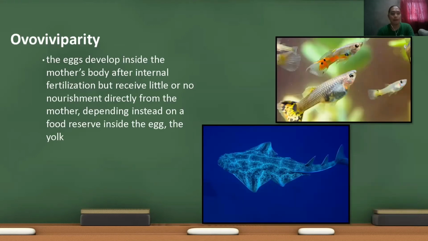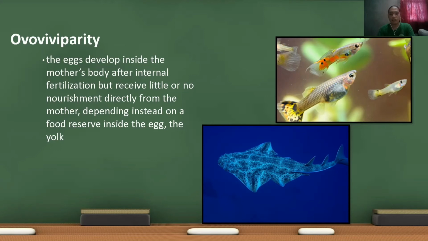Next is ovoviviparity. In ovoviviparity, the eggs develop inside the mother's body after internal fertilization, but receive little or no nourishment directly from the mother, depending instead on the food reserve inside the egg, which is the yolk.